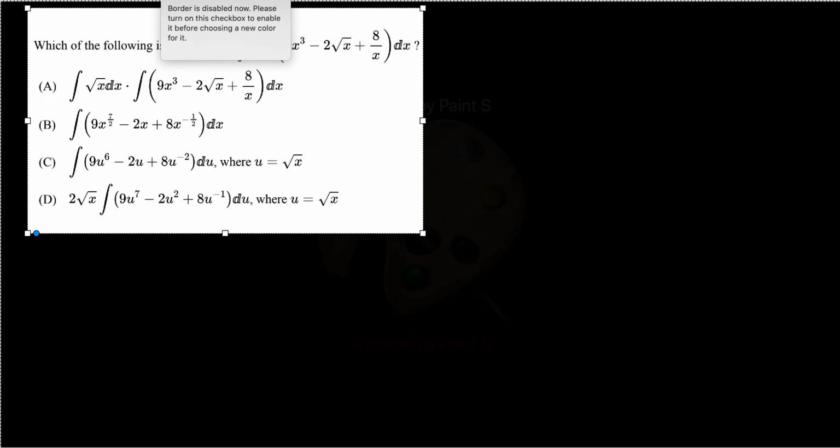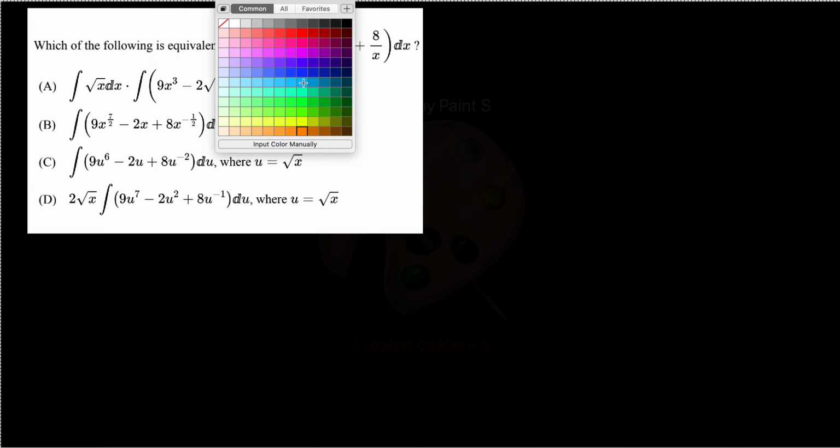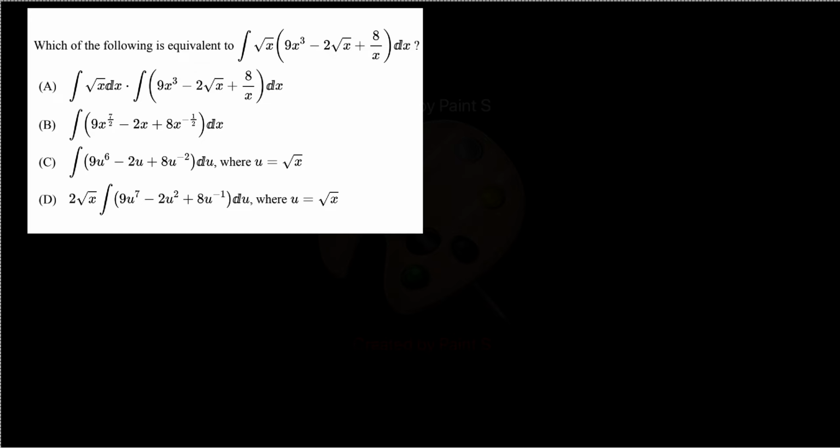Okay, so let's see what we got here. Similar idea again. We just do this algebra process. I'm going to distribute this square root x into each of these terms, and then what I get is going to be my result. Which one of these is equivalent? That's all it is.